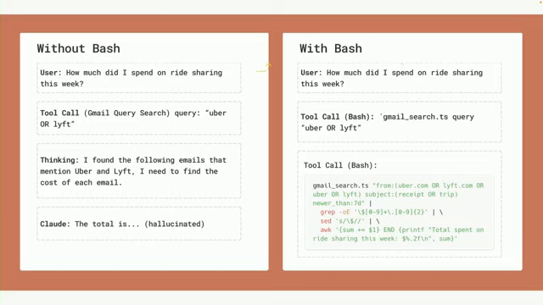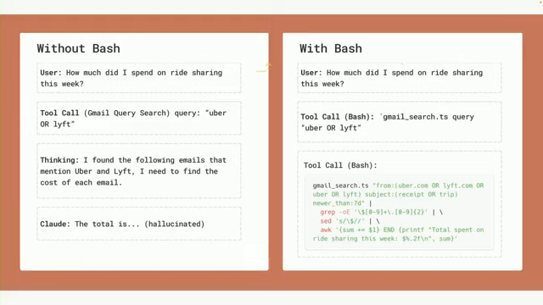Without Bash, it searches Uber or Lyft, gets something like 100 emails, and now it just has to think about it. A good analogy is imagine if someone came to you with a stack of papers and said, how much did I spend on ride sharing this week? Can you read through my emails? That would be really hard. You need very, very good precision and recall to do it.